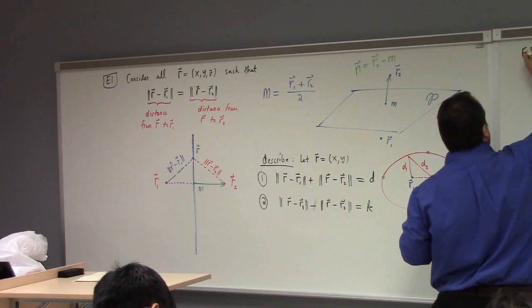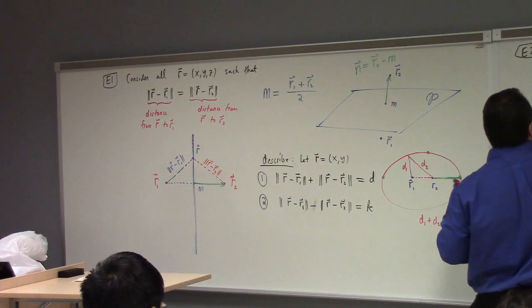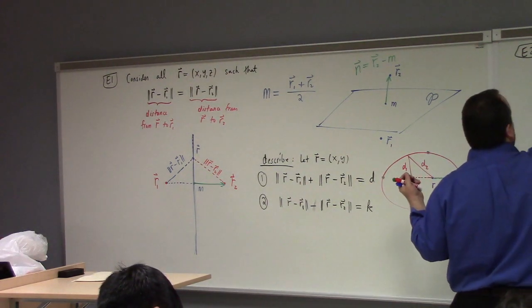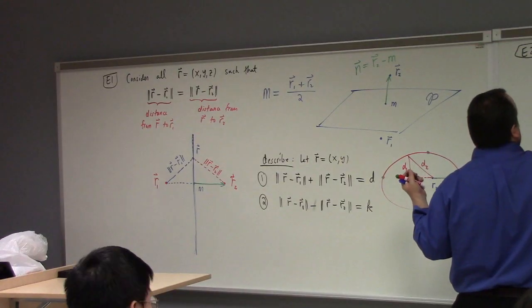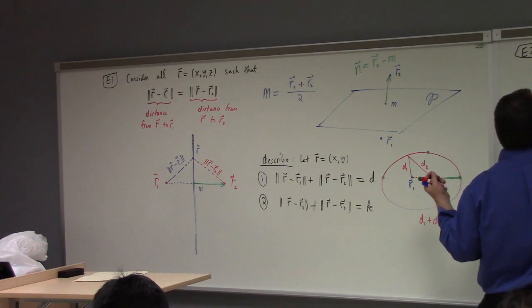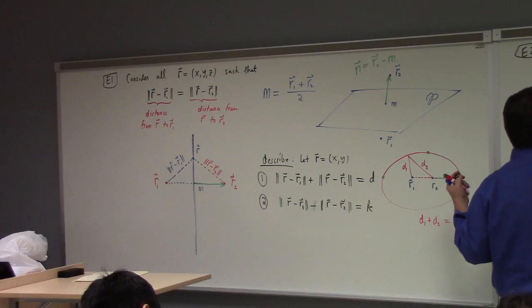So example 2, let me just pick a specific point. Let me say R1 is, I don't know, 0, 2, and R2 is, actually, let me make it more interesting. Let me make it 1, 1, and I'll make this one minus 1, minus 1. There we go.